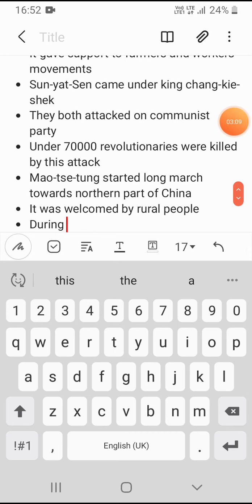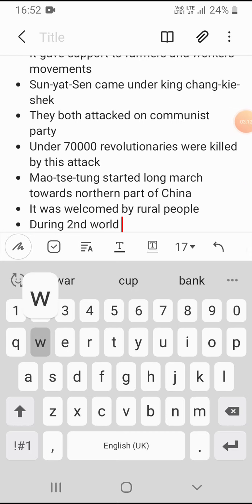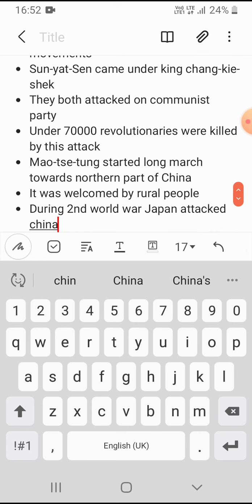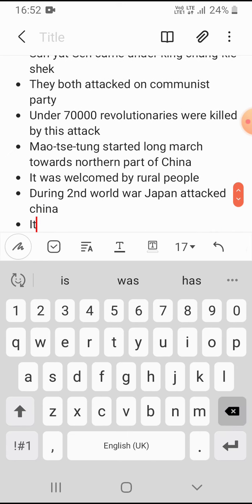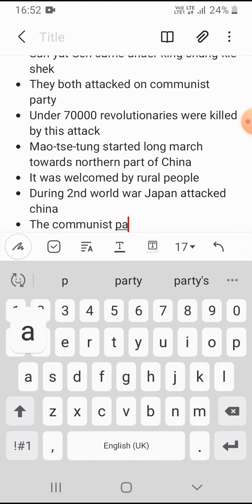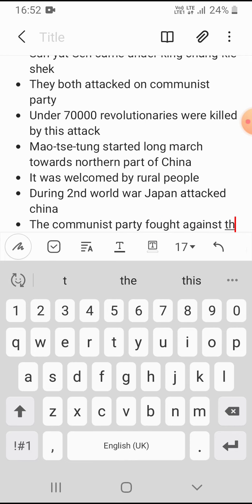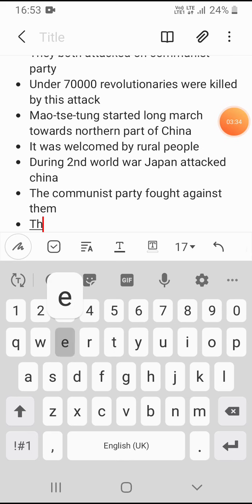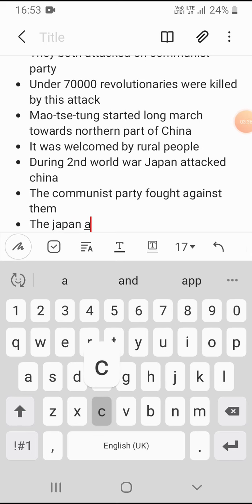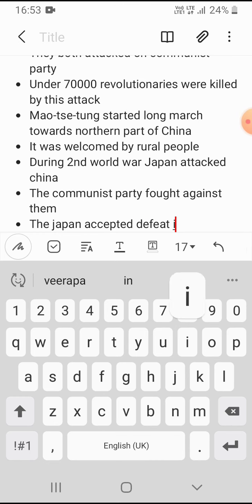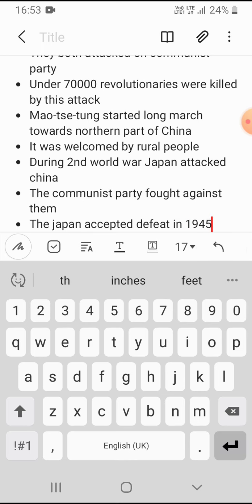During the Second World War, Japan attacked China, and the Communist Party fought against them. Japan accepted defeat in 1945 due to the nuclear bomb attack by the USA.